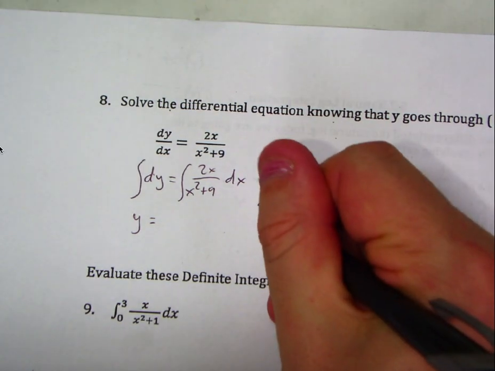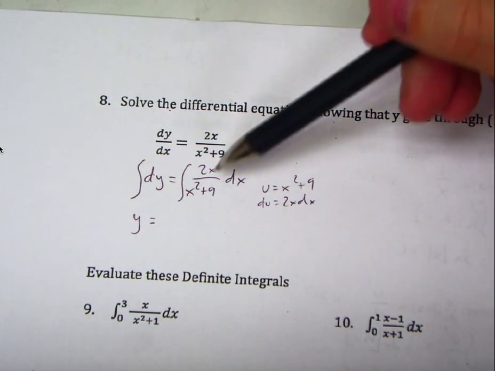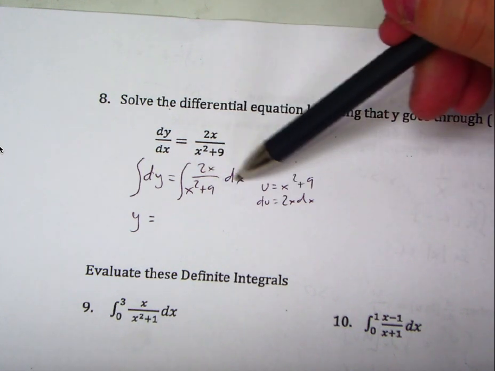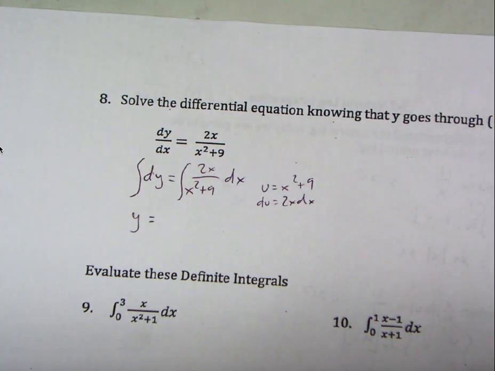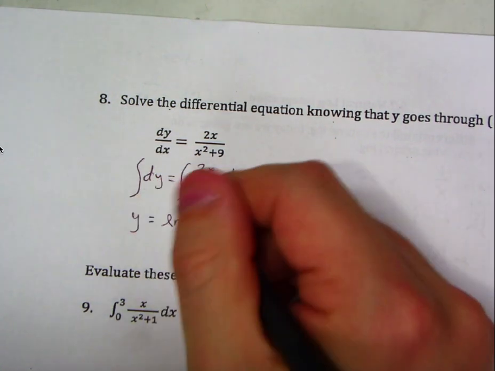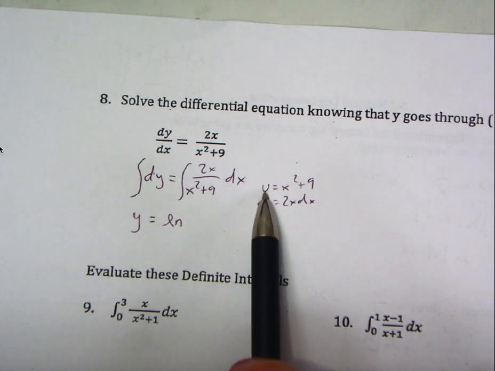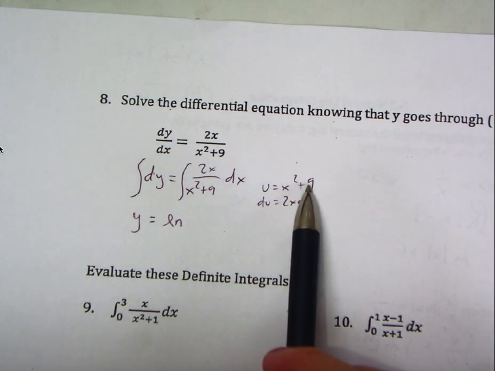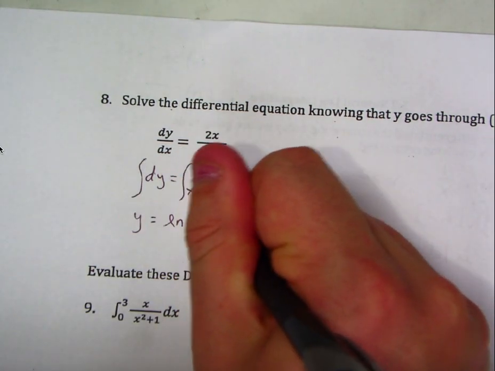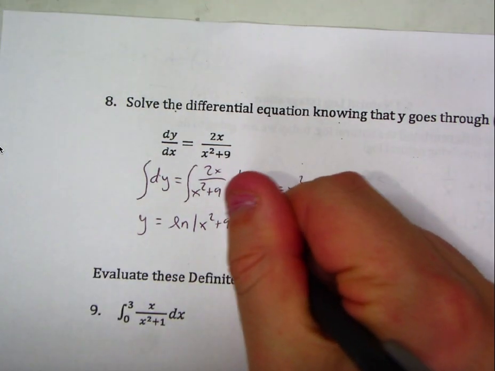Du equals 2x dx. Oh, look how convenient that is. So we're going to have 1 over u, and then this whole top here is du. So 1 over u du, which means it's just going to be the natural log, because we're just integrating 1 over u, so it's going to be the natural log of absolute value of u, which is x squared plus 9. Plus c.